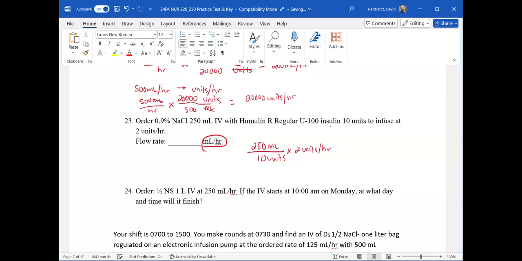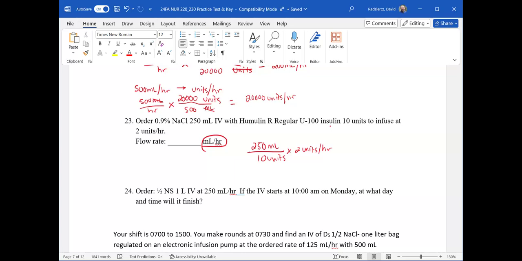And that will give you the correct setup if you're going to do ordered over available. You just want to make sure that the units are opposite one another, and that the milliliters is in the numerator position, or the top, and that your hour is in the denominator position, in the bottom. So if you're going to do ordered over available or desired over have, this is how it would look.